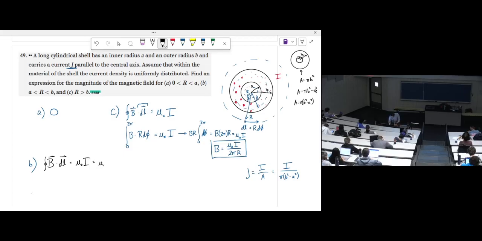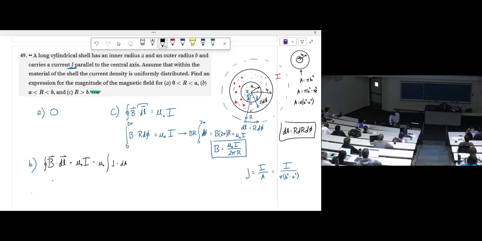So it ends up being mu naught times J dA. And we said that for a circle, dA, a differential area here, is going to depend on its radius. dA is equal to r dr d phi.